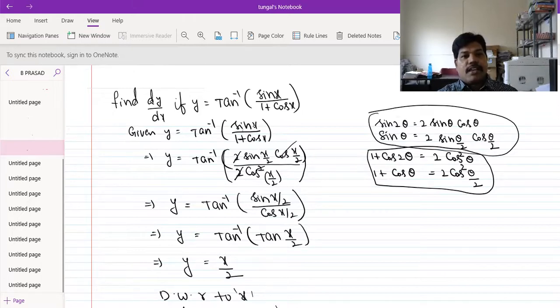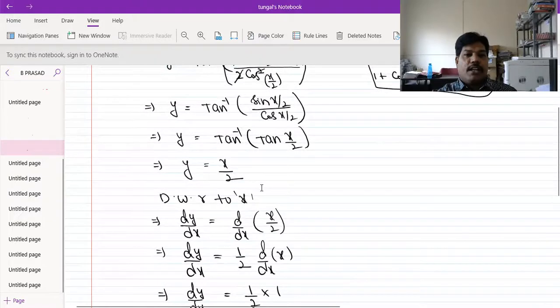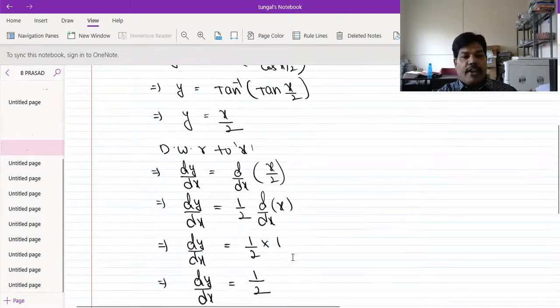It will become sin x by 2 by cos x by 2, so it will become tan x by 2. So tan inverse and tan will be cancelled, and you will get x by 2. Then differentiate with respect to x, and dy by dx will become the derivative of x by 2. 1 by 2 is a constant, you can take it out, and the derivative of x is nothing but 1 only. So the value will become 1 by 2, which is the answer.